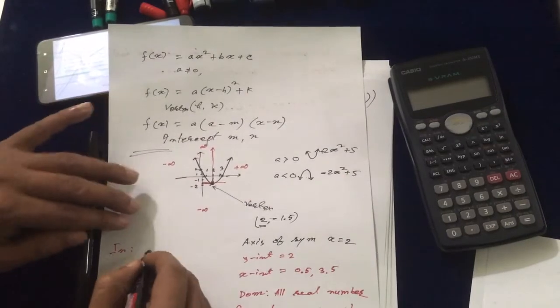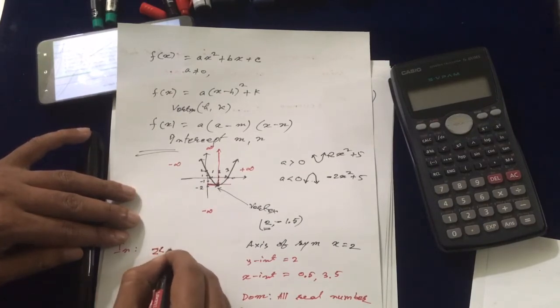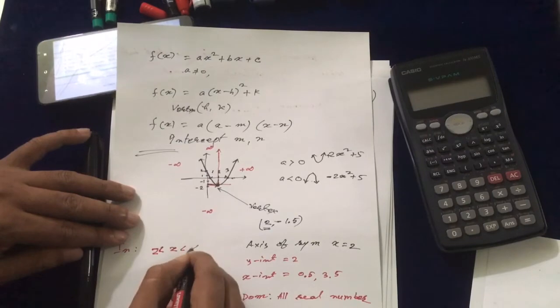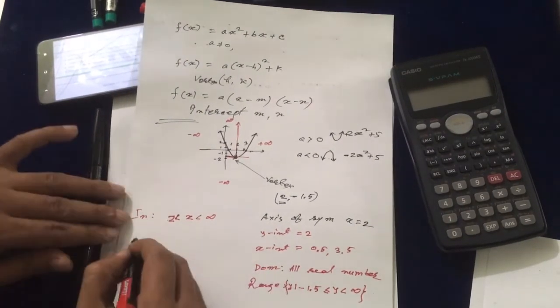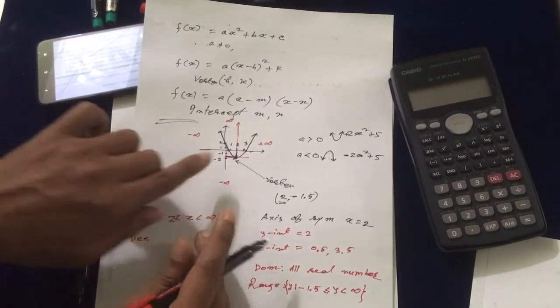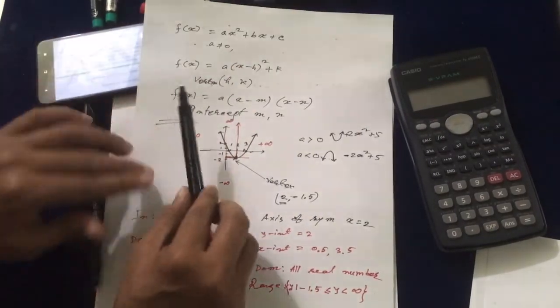So you will say increasing from 2 to plus infinity. And decreasing is this part: from minus infinity to 2 the graph is decreasing.